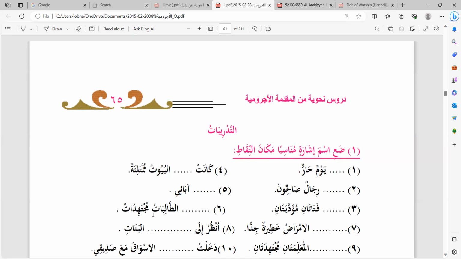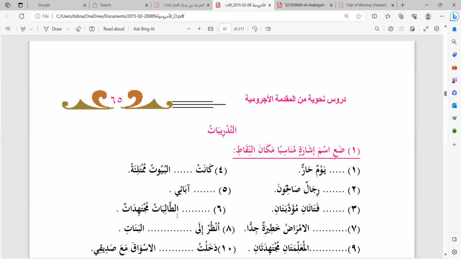Okay. الطالبات مجتهدات. طالبات is the جمع of طالبة. It's a plural of طالبة. مجتهدات, they're basically hard workers. But what's the plural form you use for طالبات? Would you say هذه? Would you say هؤلاء? Would you say أولئك?